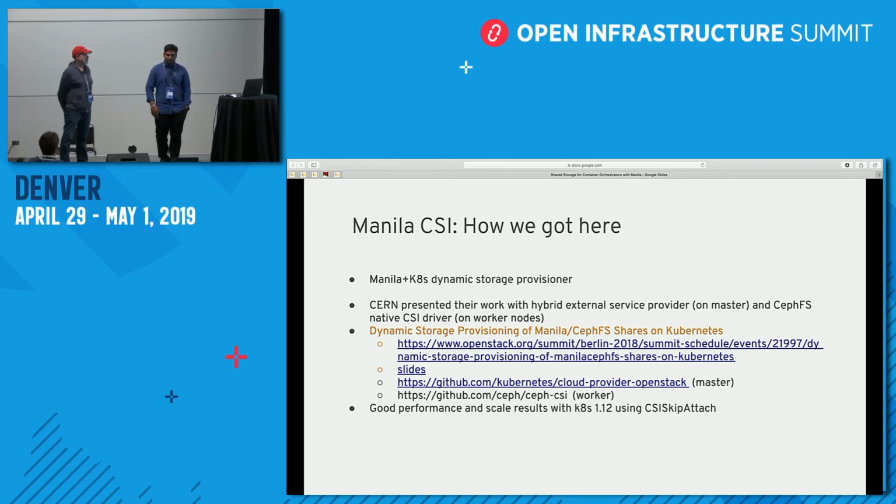And with Kubernetes 1.12, Kubernetes added a new skip attach feature for distinguishing things that actually don't really need to go through multiple stages of attaching your storage, which is typical of block storage. And this helped them get a huge performance gain as well when using Manila in this fashion.